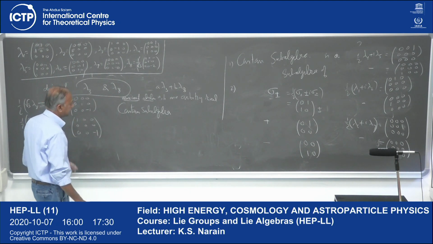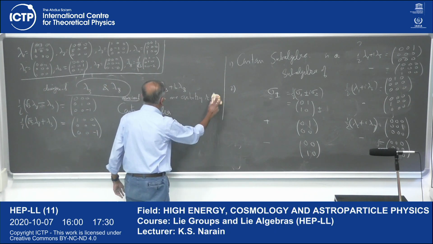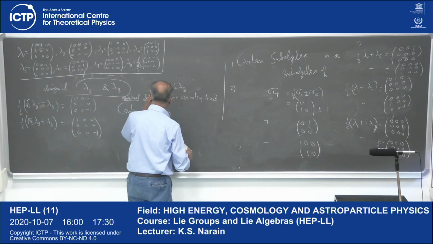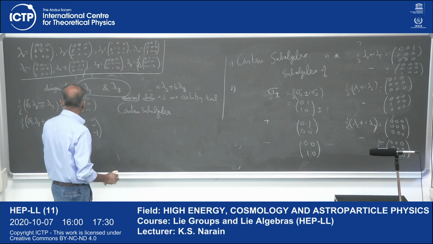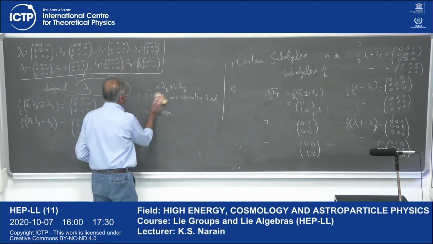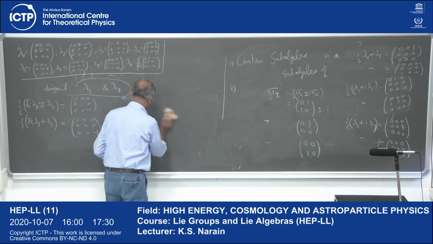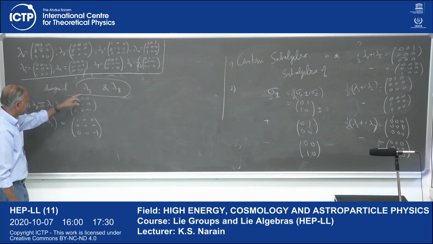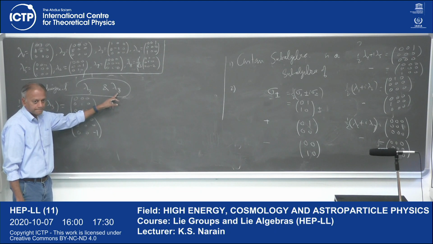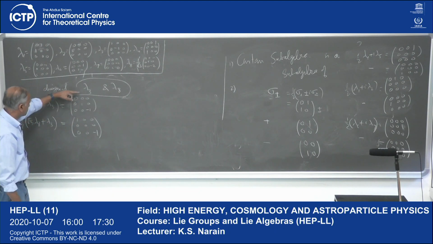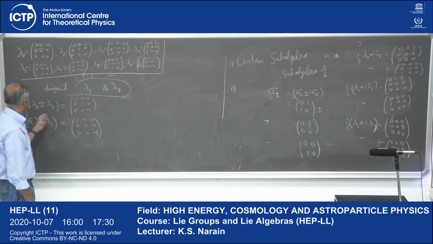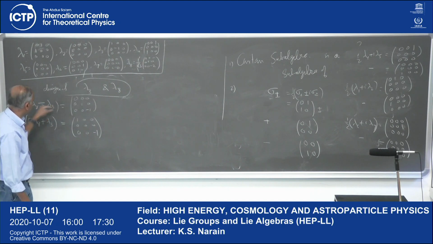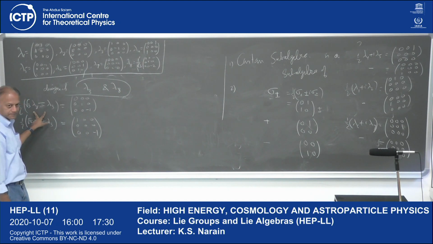So let's just check that. What do we get? Maybe I can erase this. I will use both of them. Once the basis is lambda 3 and lambda 8, and another time I will choose, instead of lambda 8, this lambda 3 and this.